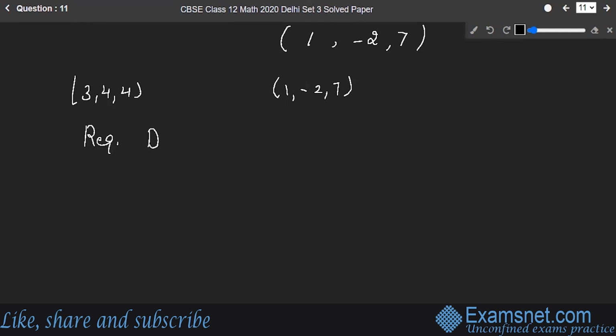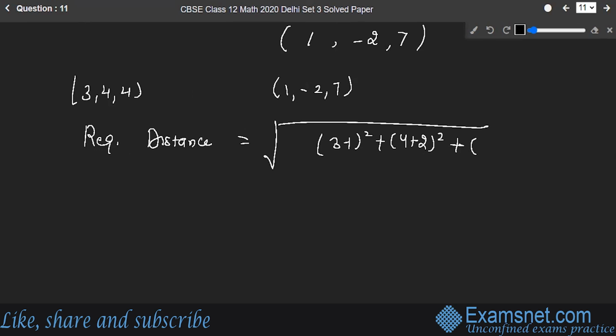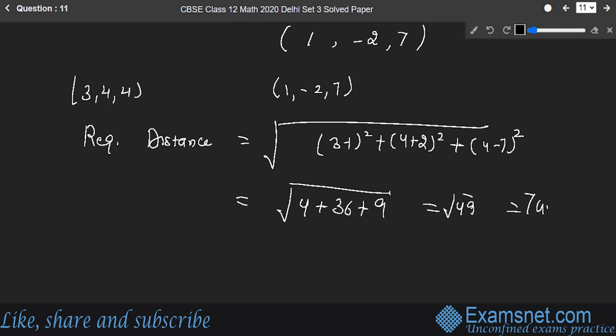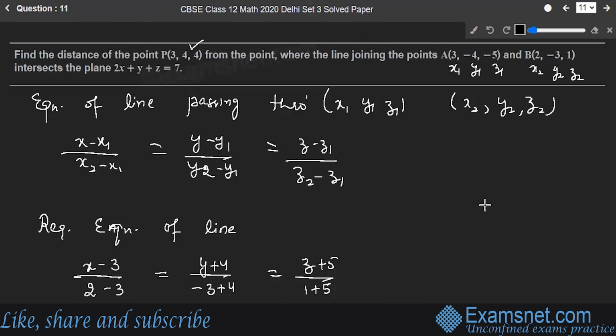Required distance is equal to root of 3 minus 1 squared, 4 plus 2 squared, 4 minus 7 squared, which is equal to 2 squared, which is 4, 6 squared, 36, and minus 3 squared is 9, which gives you root of 49, or 7 units is the answer. Hope you got that. So this is the required distance, 7 units.